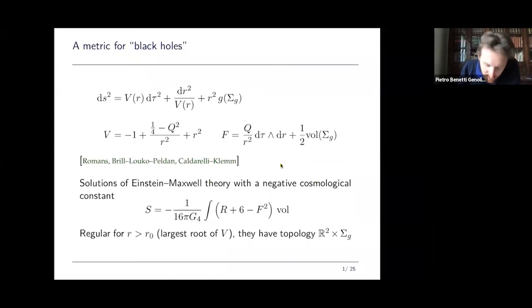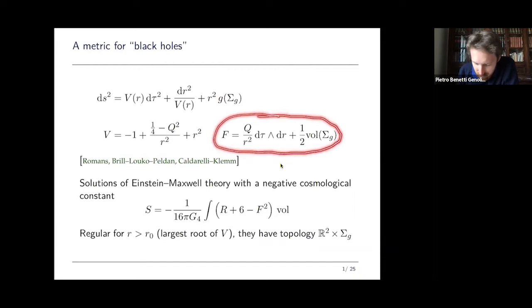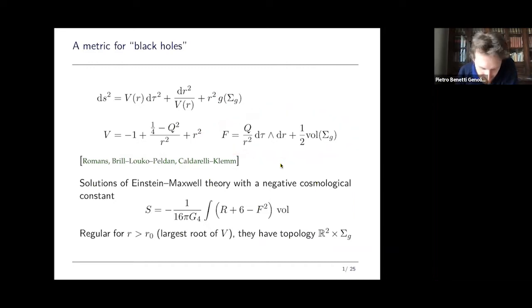You see that it's a four-dimensional metric. Sigma_g is the metric on a Riemann surface of genus g. Then it depends on a function V, and it also contains a U(1) gauge field with curvature given by F in this way.